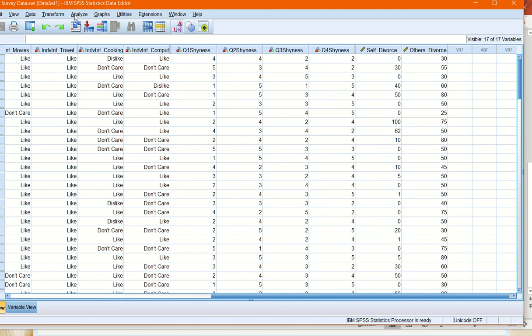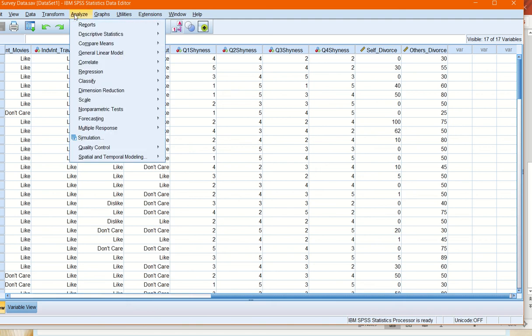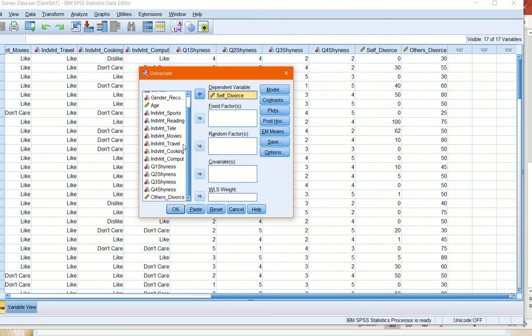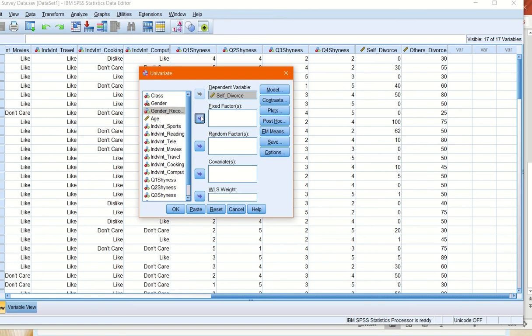So to start, click on Analyze and then General Linear Model and then Univariate. So our dependent variable is the self-divorce, and then our factors are the gender recode and how much each person likes sports.